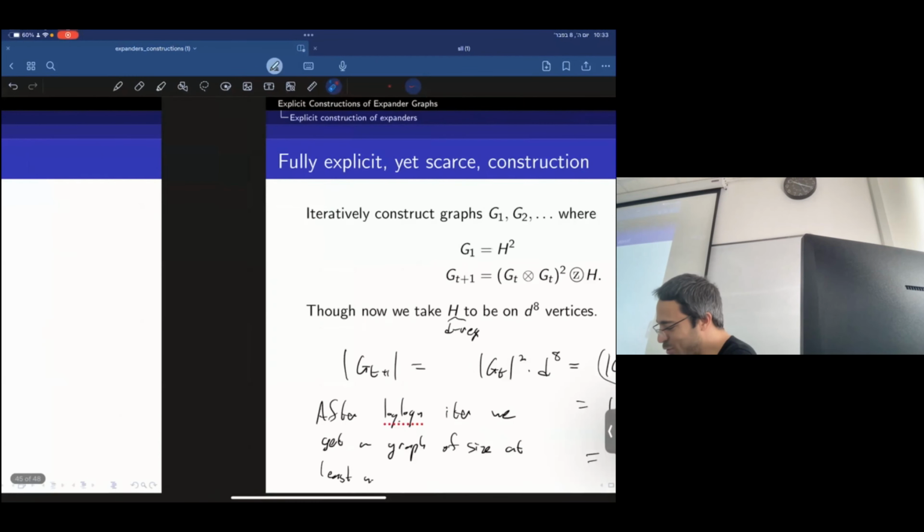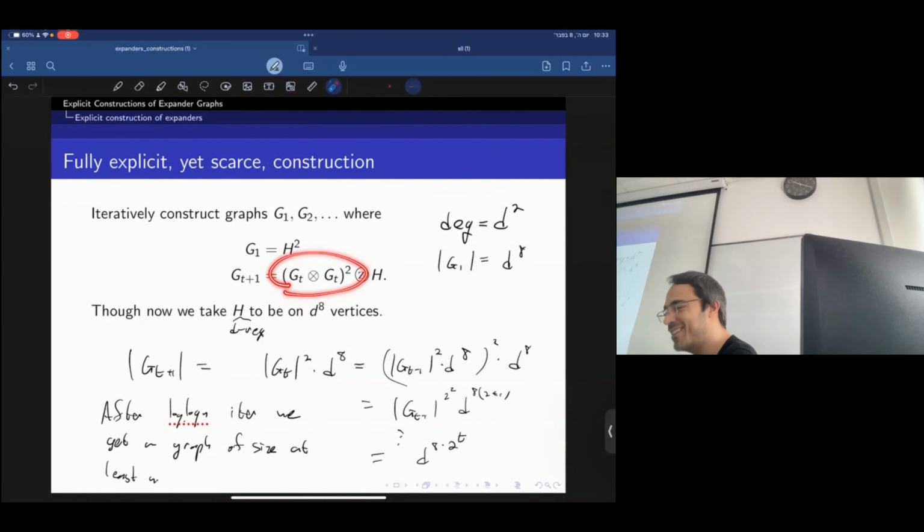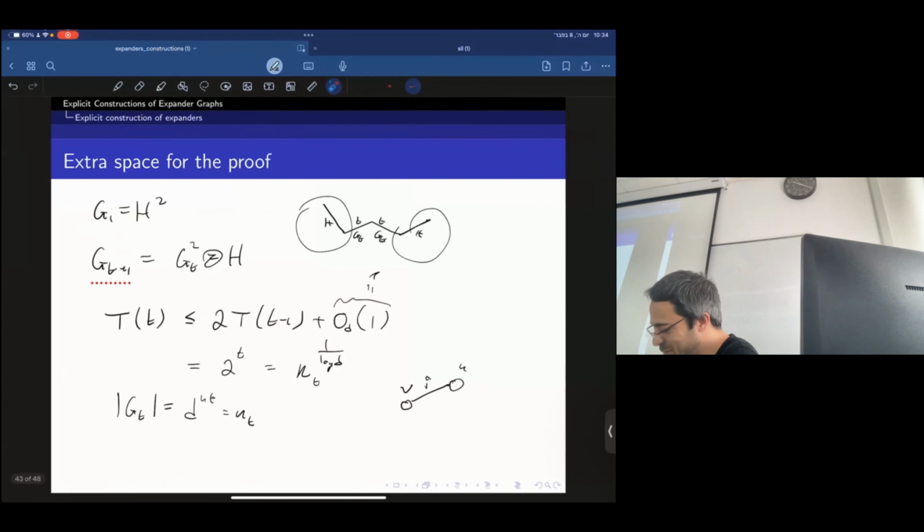How many GT calls do you have here, if you open it up? Here it was 2. Now it's 4. Because GT tensor GT you can do in parallel, but time-wise it's 2 time steps, and then you square. So it's actually 4 calls to GT. And that's it.